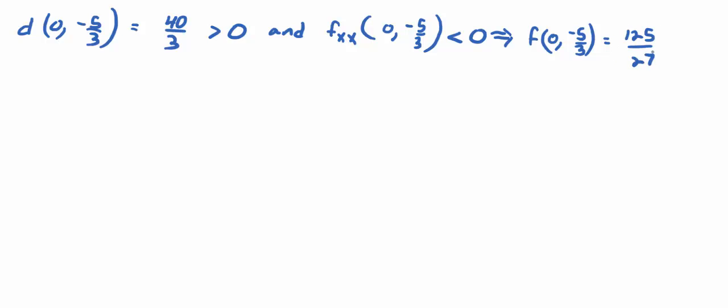So this is a local max, and it occurs at this critical point. Let me say that again. The 125/27 is the local maximum of the original function, and it occurs at the critical point when you plug in 0, negative 5/3.